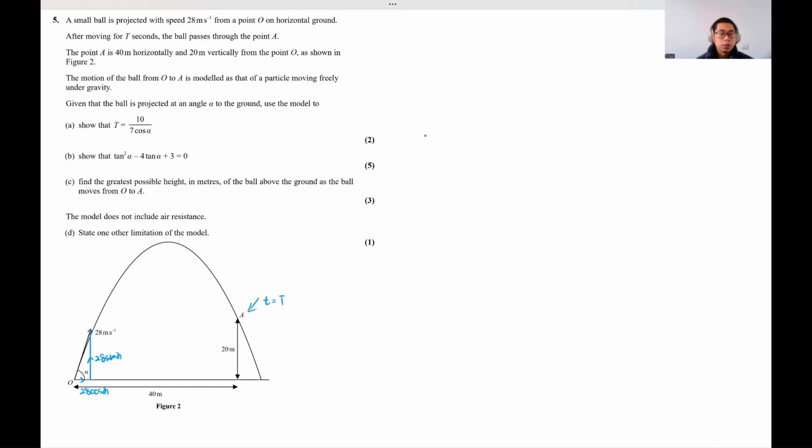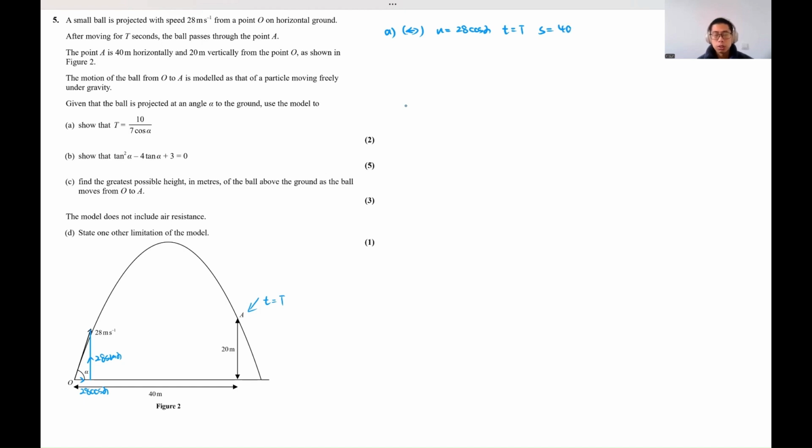Okay, so like before, we just set up two equations, one in the vertical direction, the other one in the horizontal direction. So let's start from the horizontal first. For the horizontal direction, we have initial velocity u equal to 28 cos alpha, and then time is capital T, and then displacement is 40 meters.